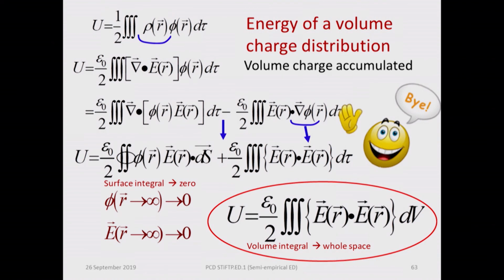So, that contribution at infinity will go to 0, and then you are left with only the volume integral of E dot E. So, the energy density is E square by 2 times epsilon 0. You are integrating E square over 2 times epsilon 0 over the whole space. So, that is the energy.